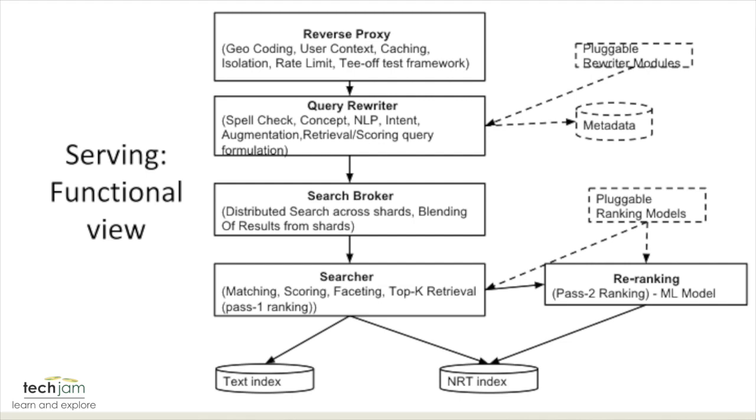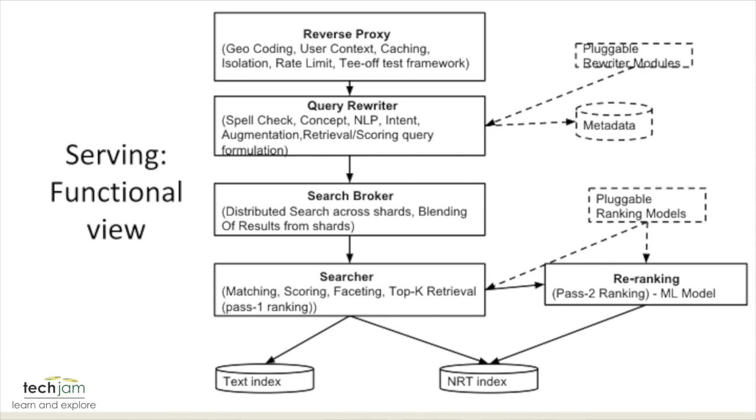The output of this particular functional block is basically a query that you can send down to your index. Think of your index as basically Solr or Lucene for people who are familiar with web search, right? So you need to have a matching query, and you need to have a scoring query, a retrieval and a scoring query. So taking the user query and the context associated with it and converting that into the query that you can send down to your Solr or Lucene is the job that this particular function does.